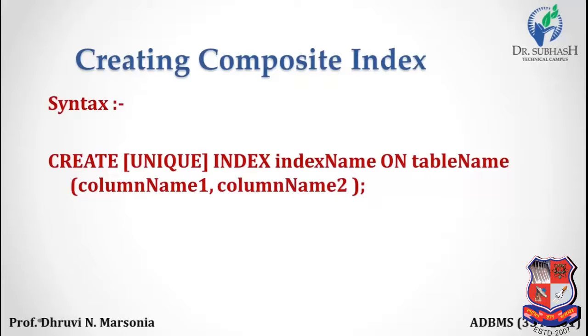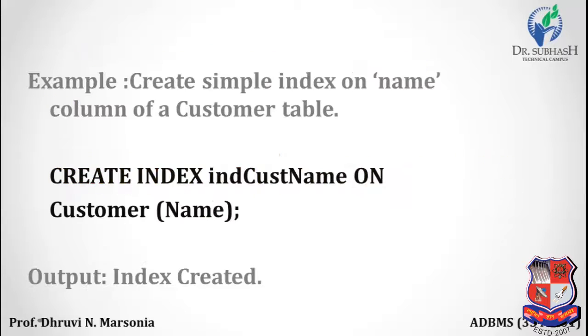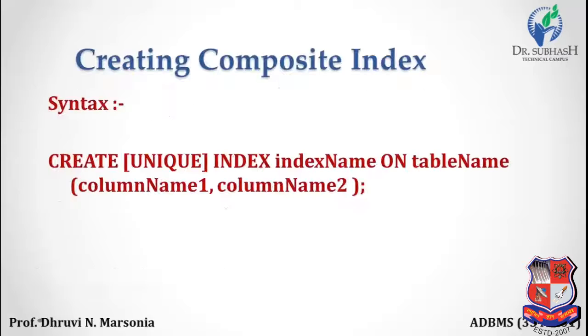How to create a composite index? Okay. Composite index means, in the simple index we have one column, in the composite index we have more than one column. Clear? For the composite index, the syntax is create unique index, index name on table name, column name 1, column name 2.